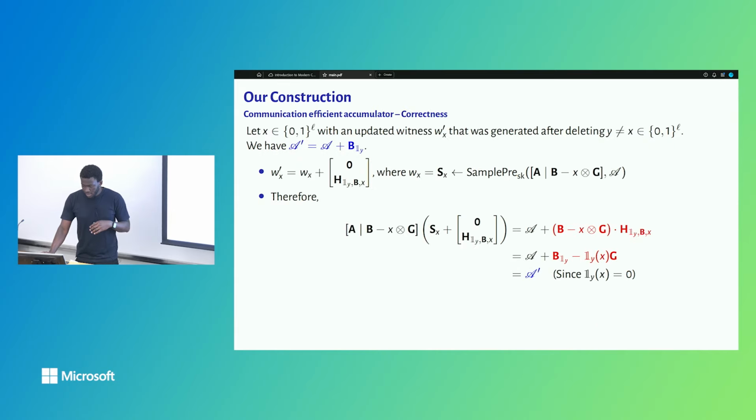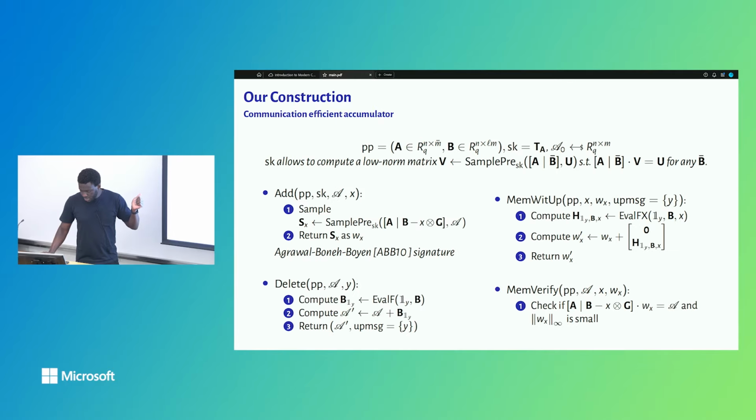Yeah, and the other thing is, in the lattice setting, it's not like in group-based crypto where everything is random and you don't care about size. Here we care about size, and you will notice that during the verification procedure, we need to check that the infinity norm of Wx is small.